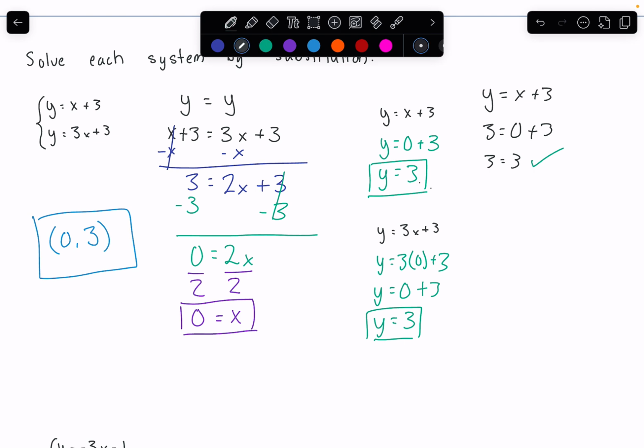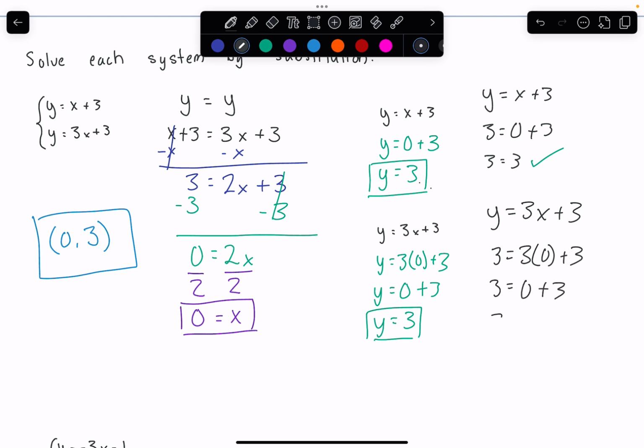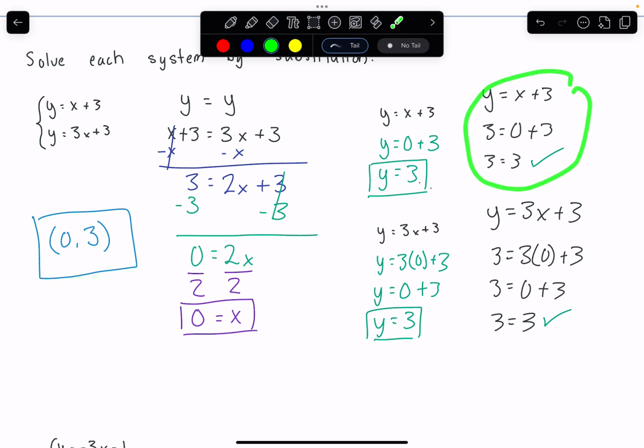And if I plugged them into the second equation, y equals 3x plus 3, plugging in my actual solution, y is 3, x is 0. This solution, (0, 3), is the only solution that makes both of the equations in our system true. It shows us the only place where those two lines intersect. That is the solution to a system of linear equations.